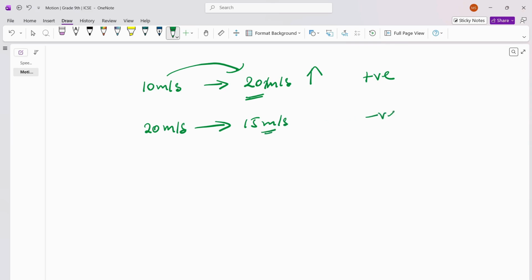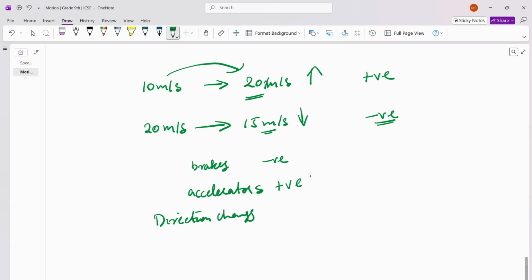Here we have negative acceleration because the velocity is decreasing. If a car uses brakes slowly, we see negative acceleration, and for accelerators, positive acceleration.